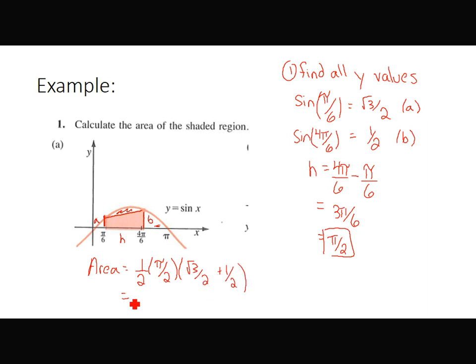And we're going to get pi over 4 times (root 3 plus 1) over 2. And our final value, our area, can be written as pi times (root 3 plus 1) all over 8. And that's the value of that shaded region. So let's go ahead and try another example.